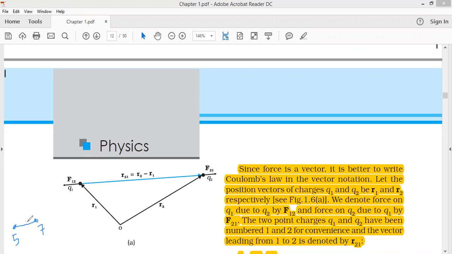In the same way, the direction here is from 1 to 2. So to find the vector from 1 to 2, the second point minus the first point will give you the vector between these two. Similarly here, it is from this point to this point, so the second point minus the first point will give you this vector.